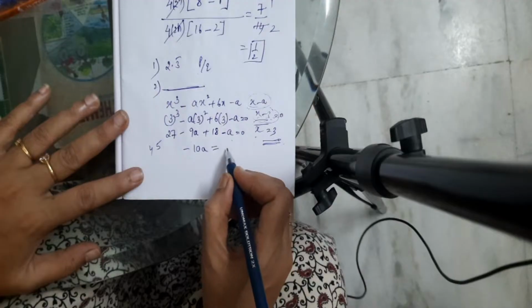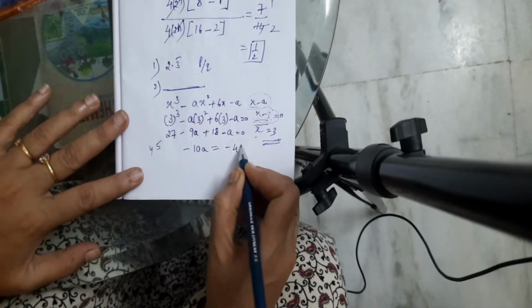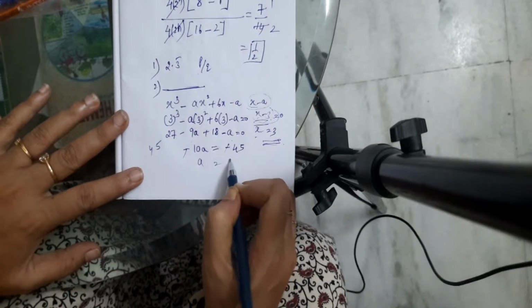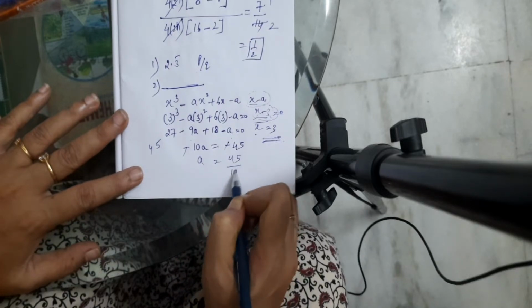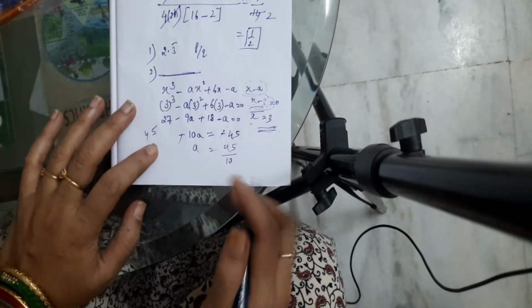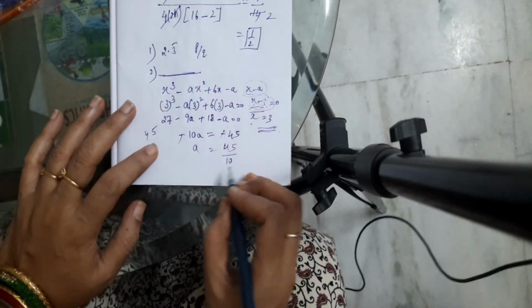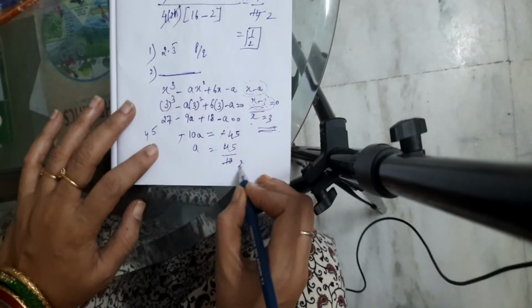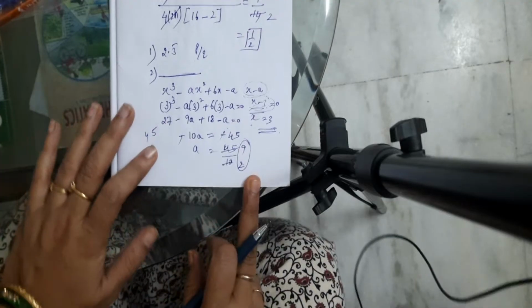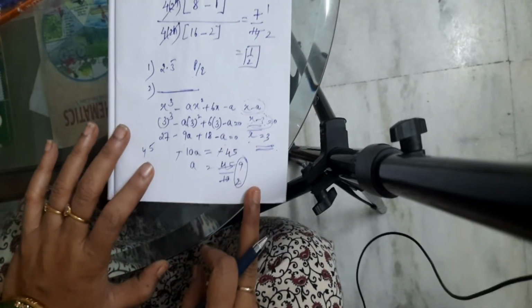Shift 45 to that side, so it will be minus 45. Now minus will get cancelled, so a is 45 upon 10. For this kind of question, never give the answer in decimal, you need to leave the answer in fraction only. Now 5 2s are 10, 5 9s are 45, so the value of a is 9 by 2. This is one of the important questions.